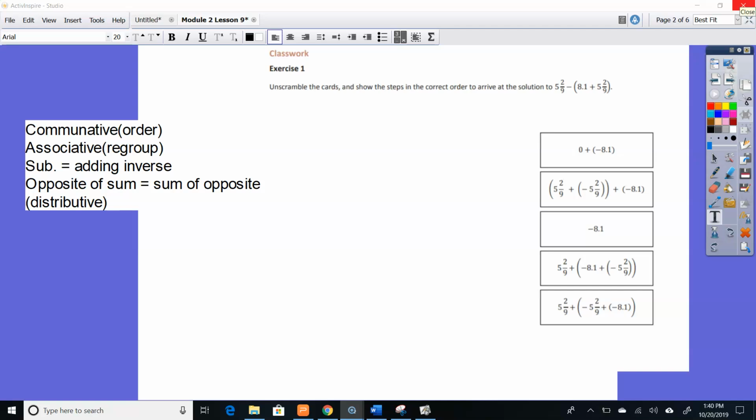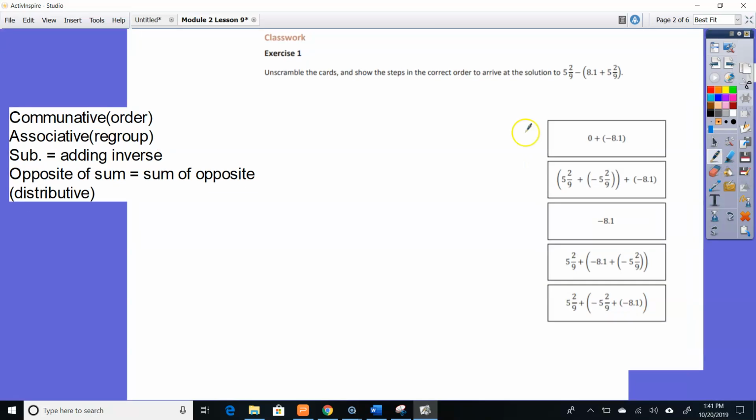In exercise 1, you're asked to unscramble the cards. Here are your cards to the right. Show the steps in the correct order, so you could number them: this is the first thing you would need to do, second, etc. Over to the left side, I have some of your properties. We have the commutative, which is that you're changing your order. The associative, meaning you're regrouping, you're adding in a different order.